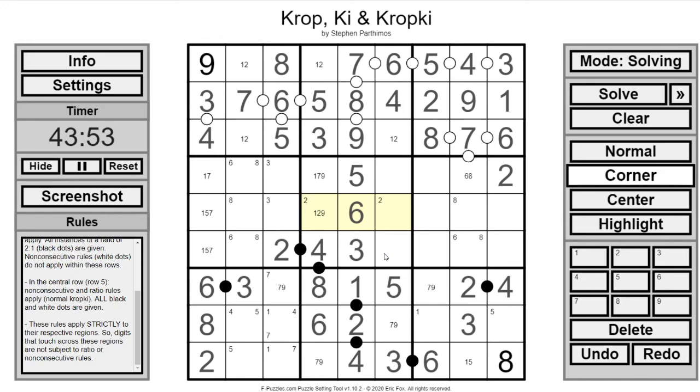One is like semi-wild. It just can't be here. Seven we already looked at. 8 is locked in here.